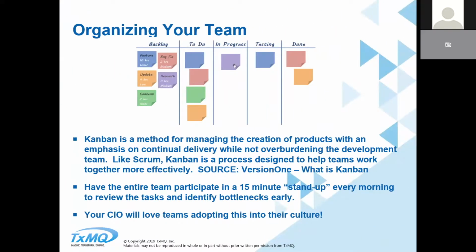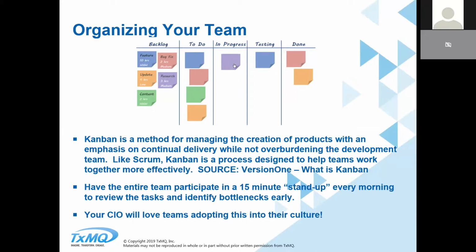One of the big things that I've always been a big fan of is Kanban. And Kanban is a method of managing the creation of products with an emphasis on continual delivery while not overburdening the development team. Like Scrum, Kanban is a process designed to help teams work together more efficiently.